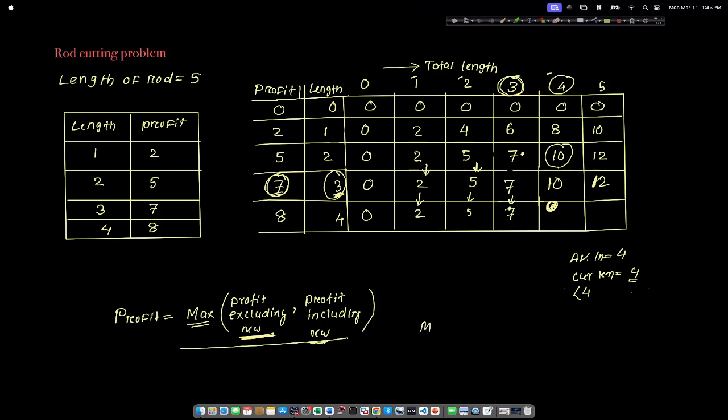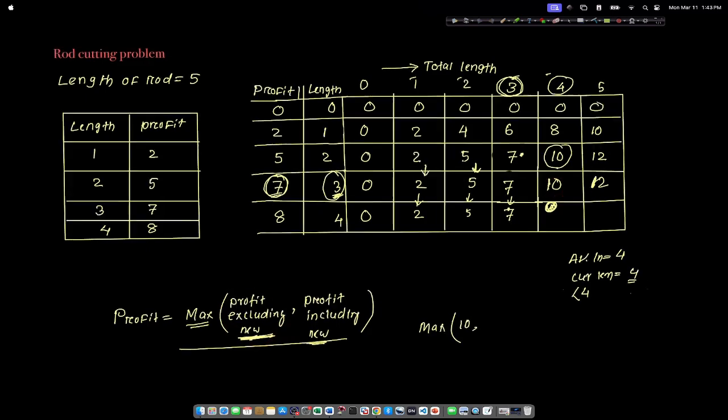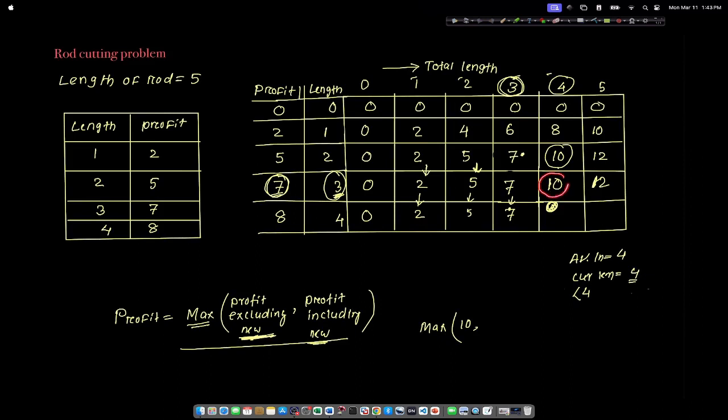According to this formula, we'll take the maximum of the profit excluding new. Profit excluding new can be calculated from the cell above the current cell, which is equal to 10, comma, we now need to compute the profit including the new length. New length is 4, the profit for that length is equal to 8.